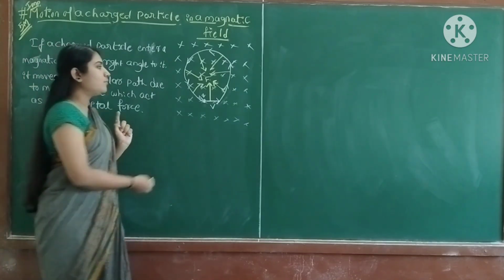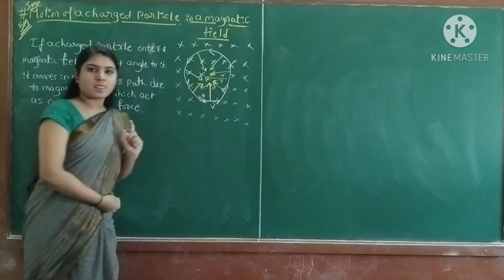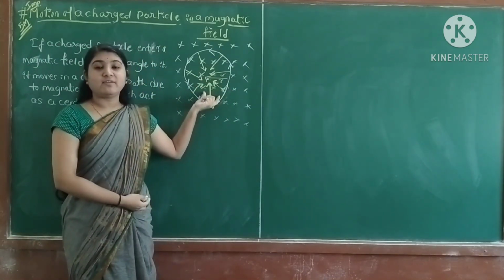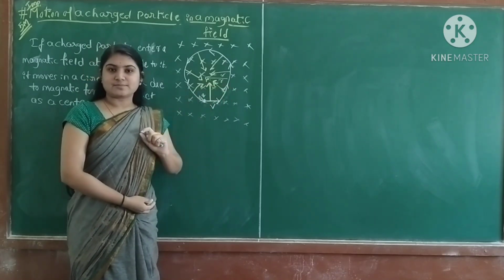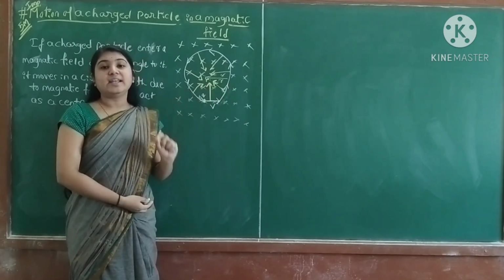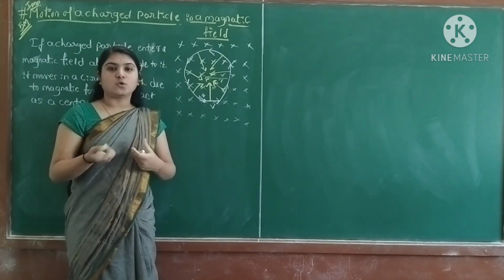See, center means we can take it as a radius. So ಈ ಫೋರ್ಸ್ ಎಲ್ಲ ಯಾವ ಡೈರೆಕ್ಷನ್ ಅಲ್ಲಿ ಇವೆ, towards the radius. ಅದಕ್ಕಾಗಿ ನಾವು ಈ ಫೋರ್ಸ್ ಅನ್ನು ರೇಡಿಯಲ್ ಫೋರ್ಸ್ ಅಂತ ಹೇಳ್ತೀವಿ. What we will say, radial force.